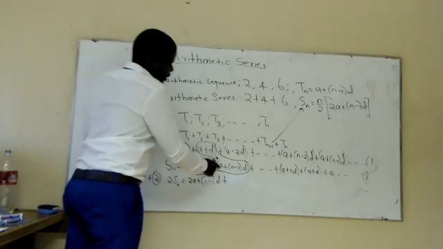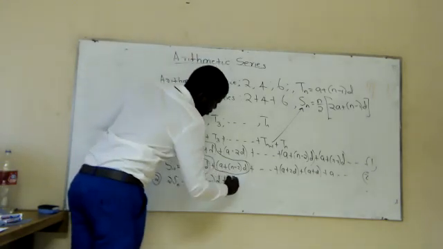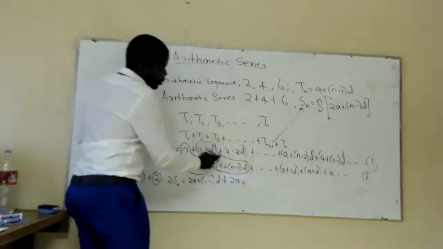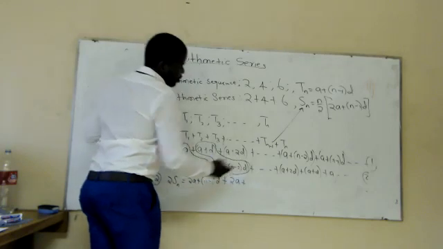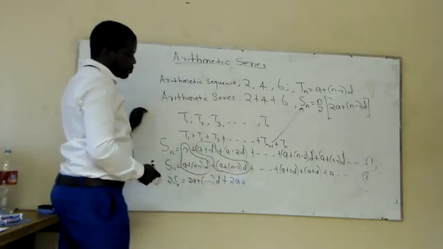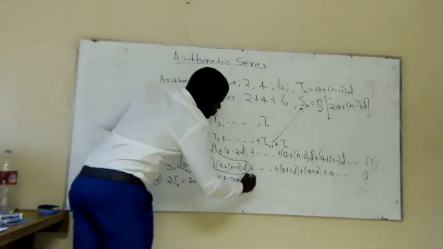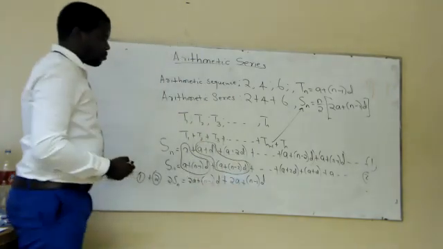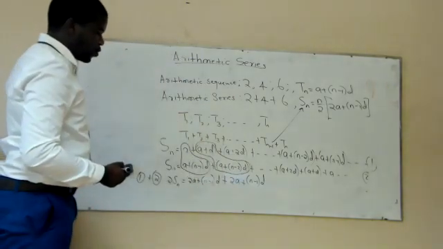So it's A plus A, which gives you what? 2A. Gives you 2A, and then you add D with (N minus 2)D. So it's going to be (N minus 1) multiplied by D. Do you see what we are getting?